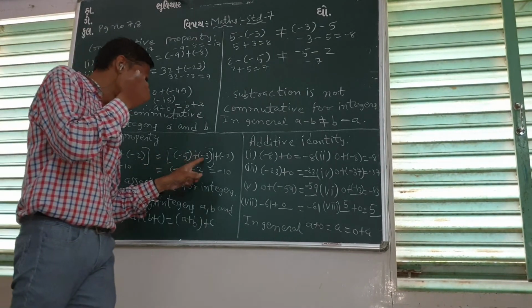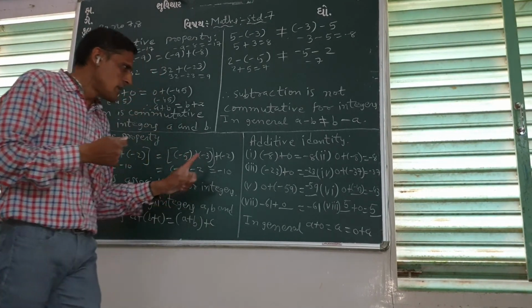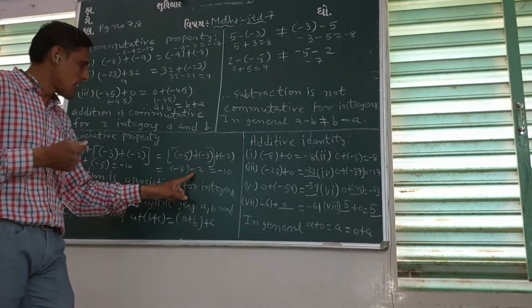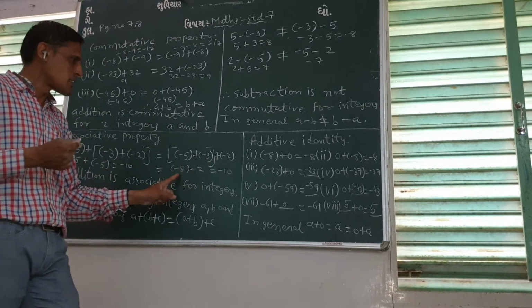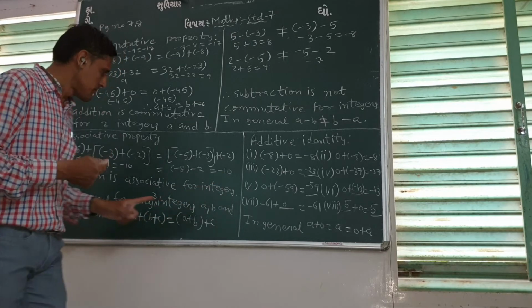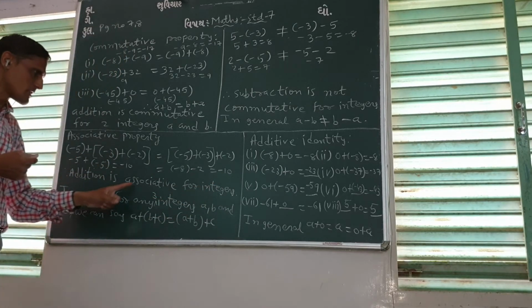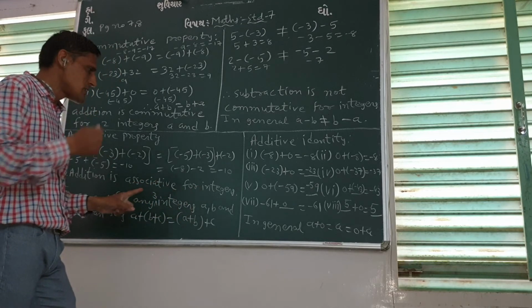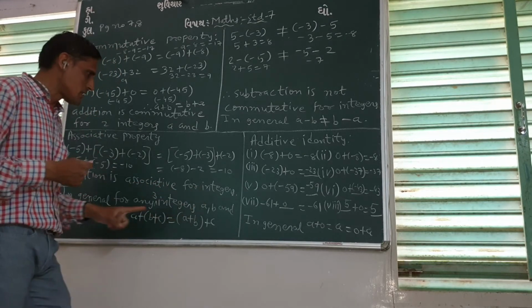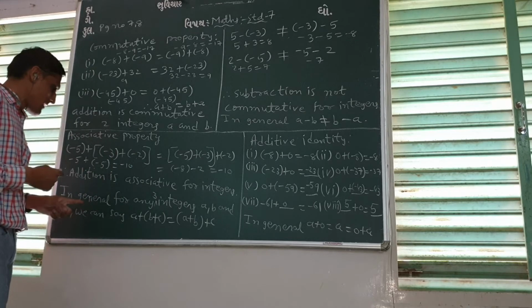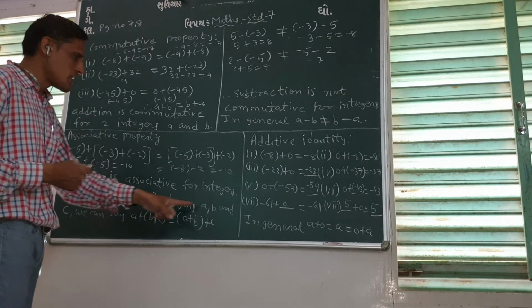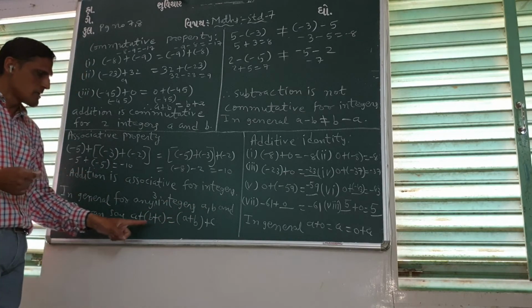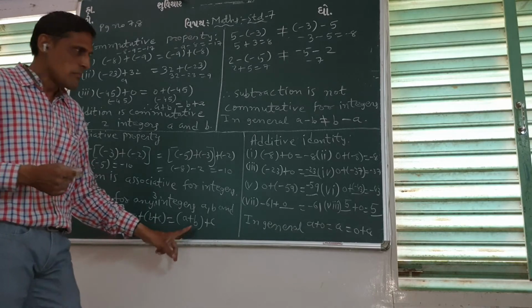Then -5 plus -3 is -8, and plus -2, so -8 and -2 is -10, right? So we say that addition is associative for integers, because the answers are the same. In general, for any three integers a, b and c, we say that a plus (b plus c) is equal to (a plus b) plus c.